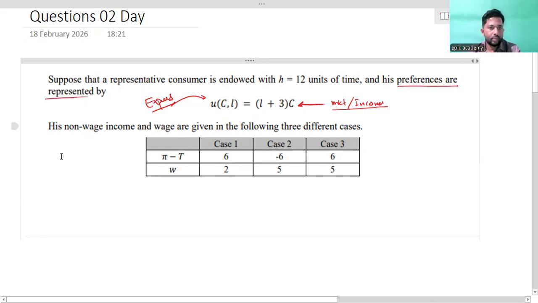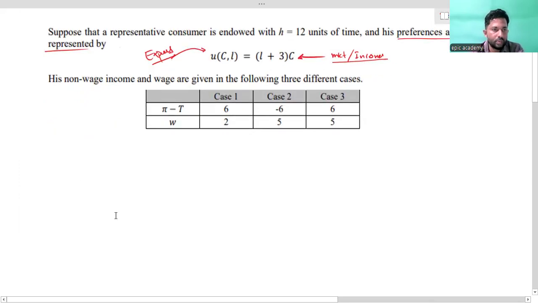Okay. So then here we have to identify the difference between wage and non-wage income, and nominal wage and real wage. Three types of factors are there.